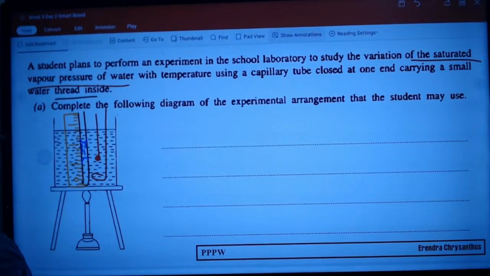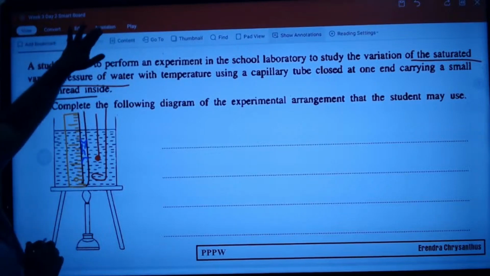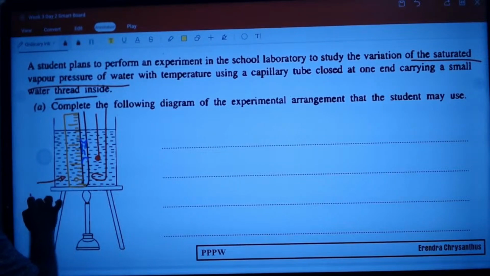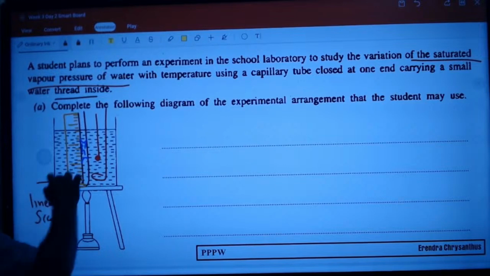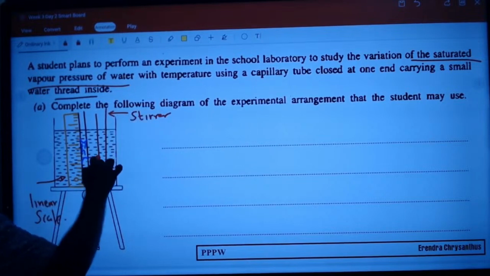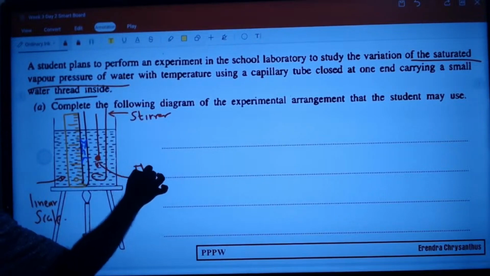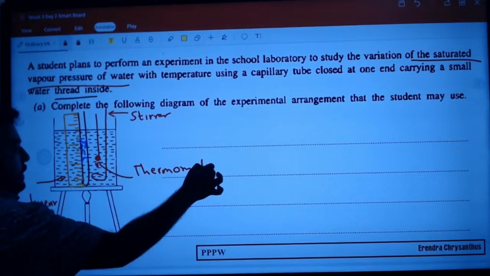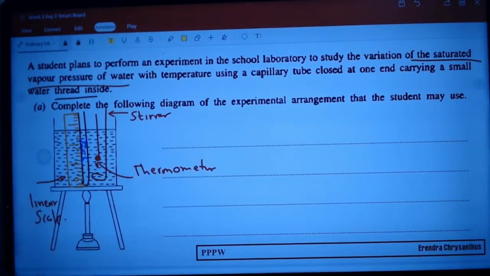So linear scale, you should name them. Stirrer. Thermometer. Right.